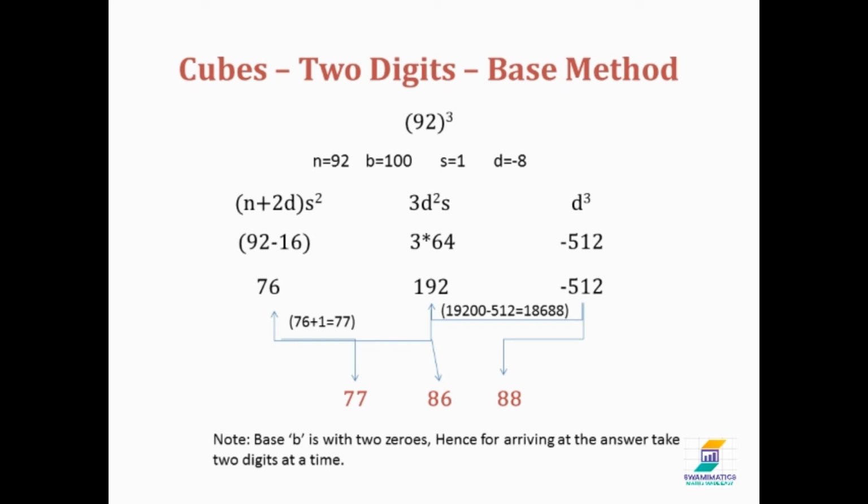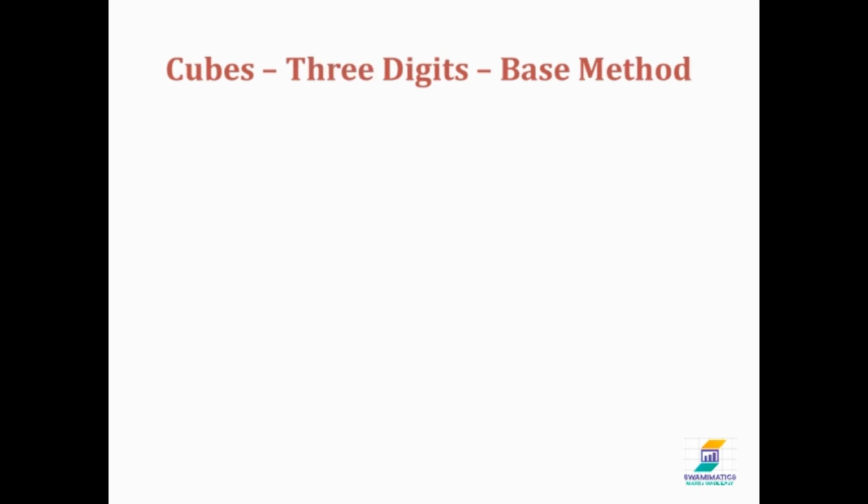But if s becomes 9, then I need to multiply by 9 square, isn't it? So to avoid major calculation, it is always better to look at a base where your s is 1 or a simple multiple of the base. Right. Now let us look at a 3-digit number.